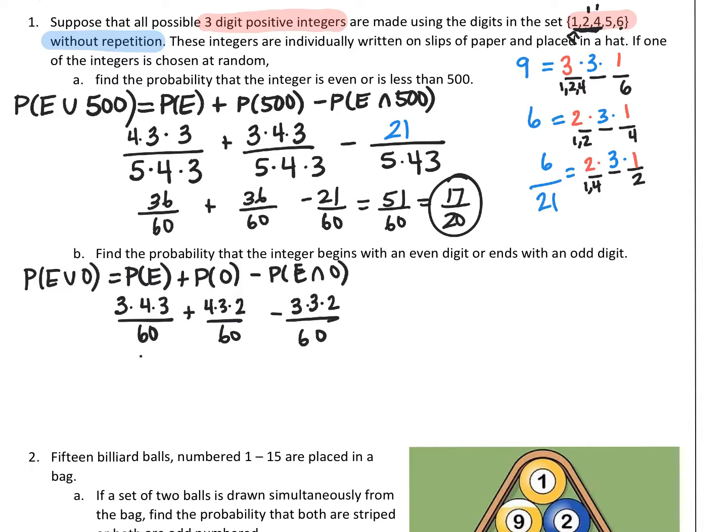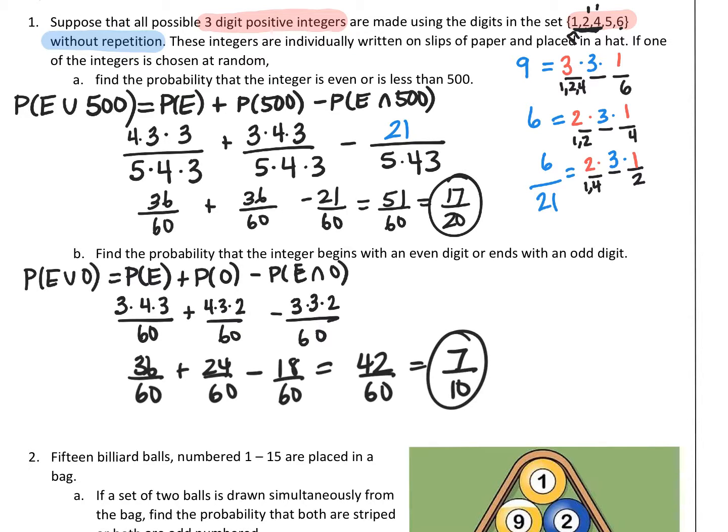And when I calculate that, I get 36 over 60 plus 24 over 60 minus 18 over 60 equals 42 over 60, which is 7/10 when it reduces.